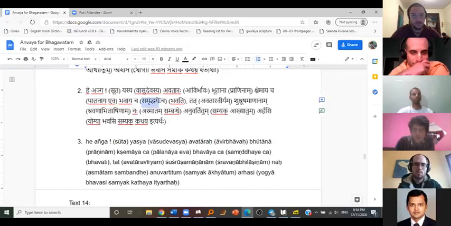For prosperity, increase. Yeah, for the protection and for the prosperity of all the jivas. And it is not manuṣyāṇām here, it is prāṇinām. And prāṇinām includes 8,400,000 species. Everything, everyone.